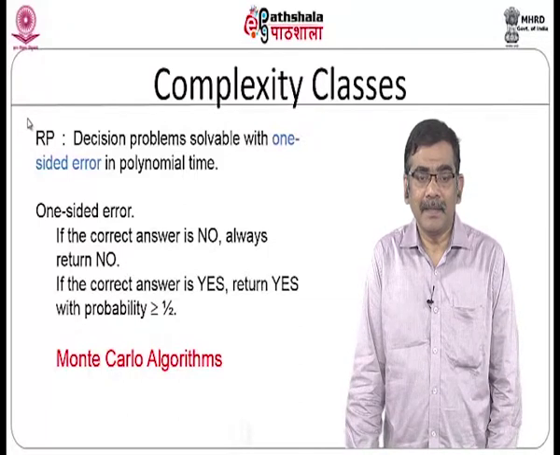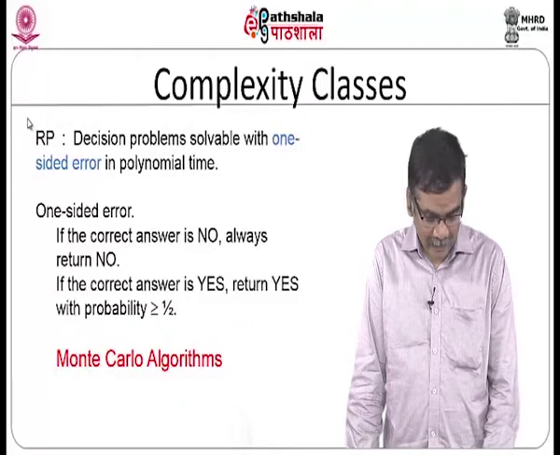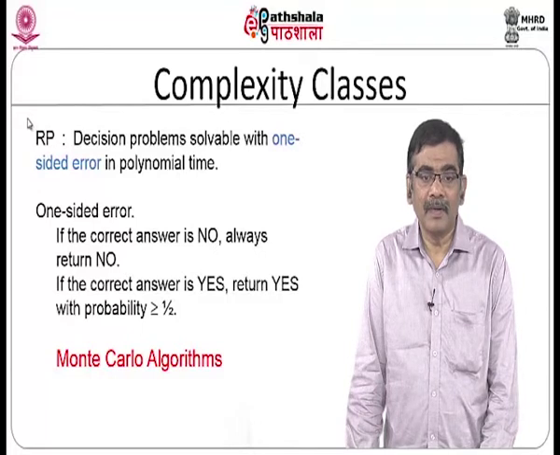One-sided means if the answer is no, the algorithm will always return no, but on the other hand, if the answer is yes, then the answer is associated with a probability greater than or equal to half. So, Monte Carlo algorithms come under the category of RP.